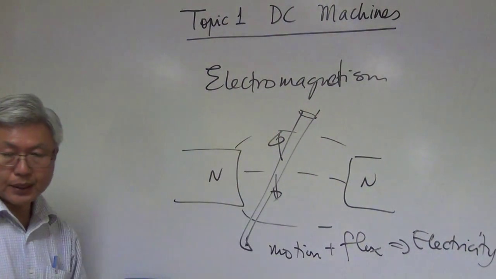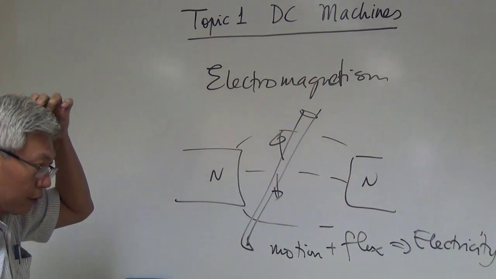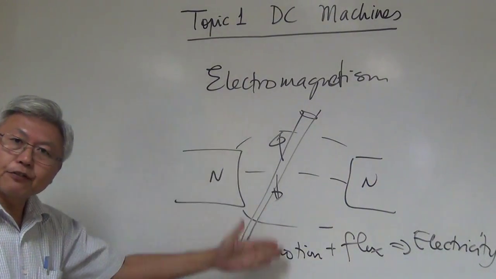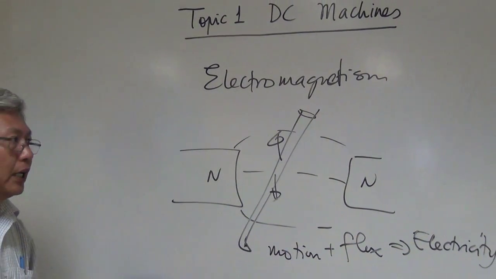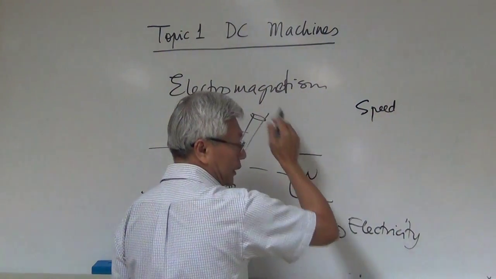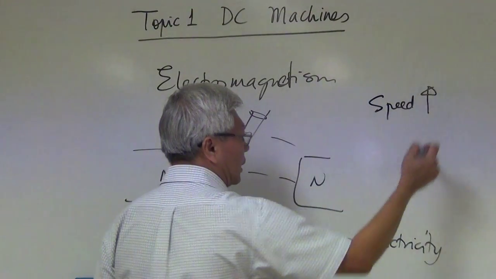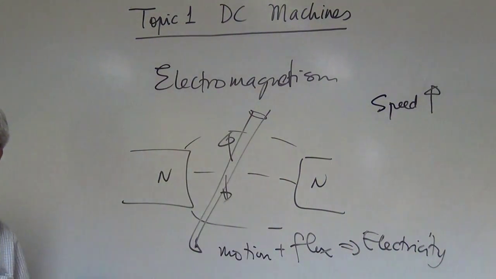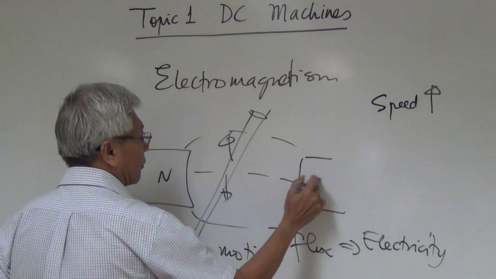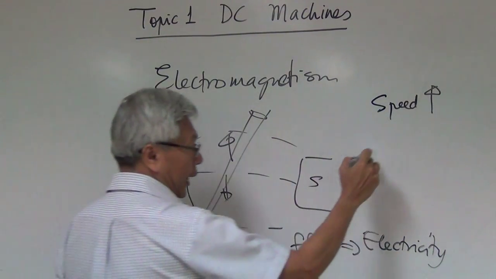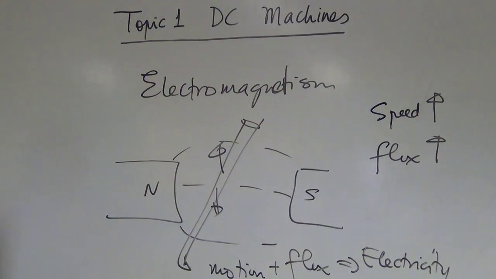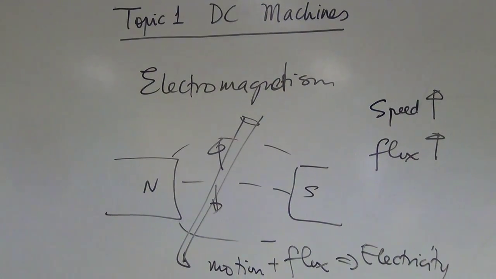How do we increase the amount of electricity produced? What if I move my conductor faster and faster? If I increase the speed of the conductor, the electricity generated will be more. How about a more forceful magnet? If I use a stronger magnet, I can also increase the amount of electricity generated.